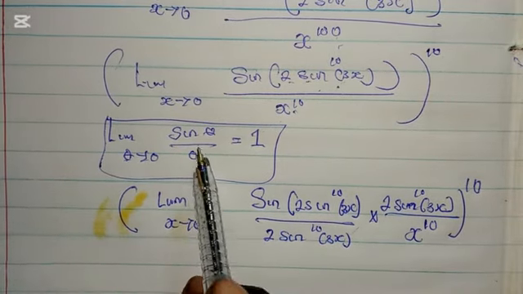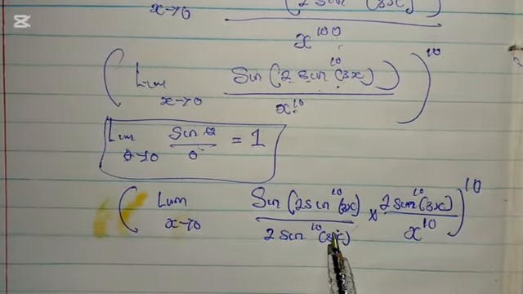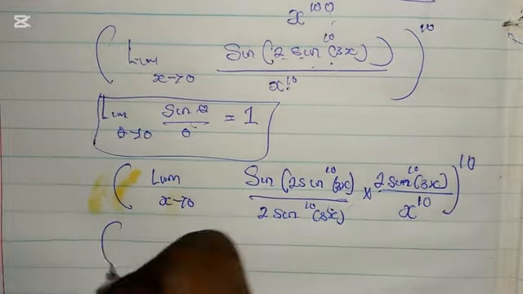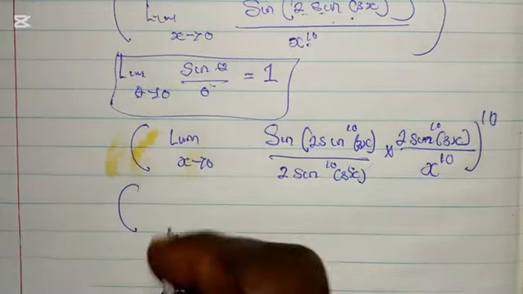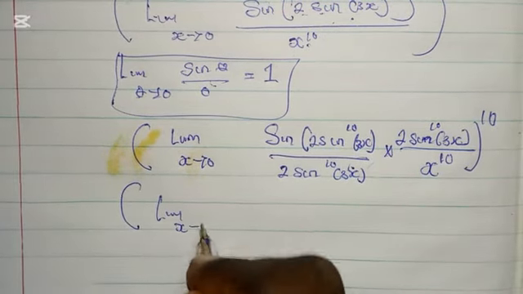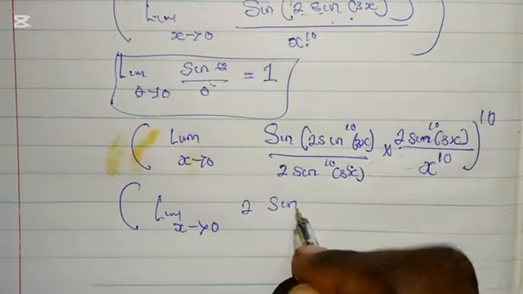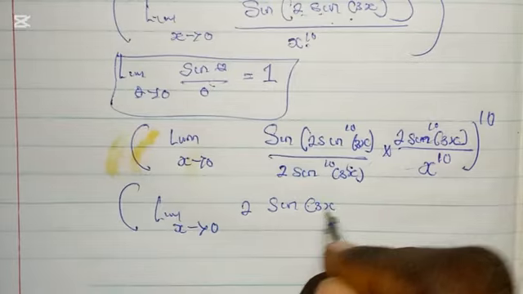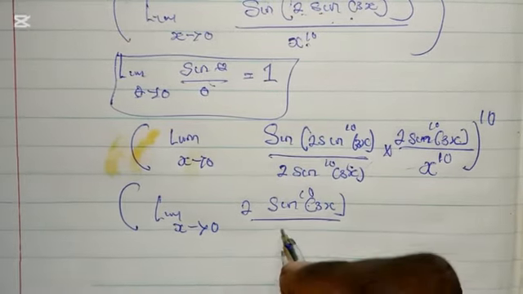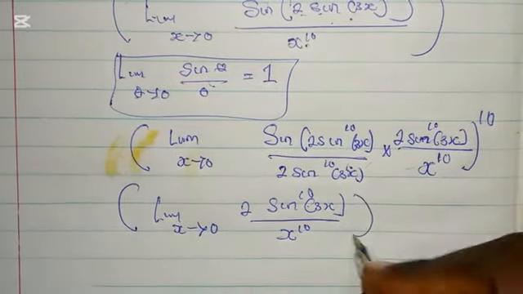So now using this property here, we have this to be equal to 1. So we are left with limit x tends to 0 of 2 sine 3x raised to the power of 10 divided by x raised to the power of 10.